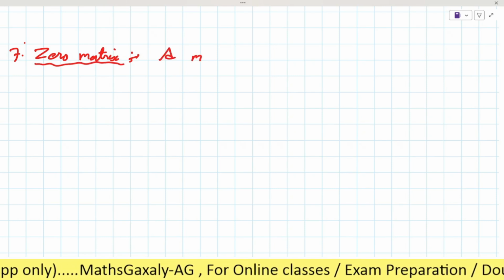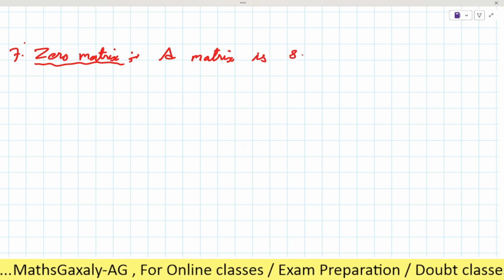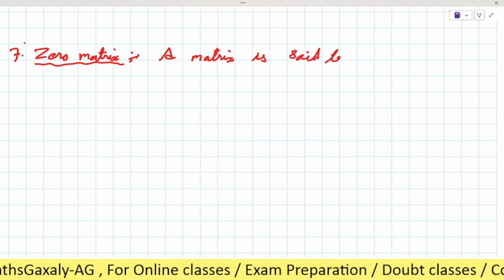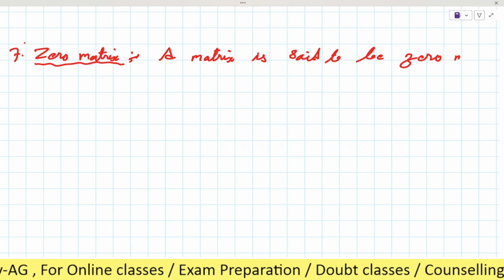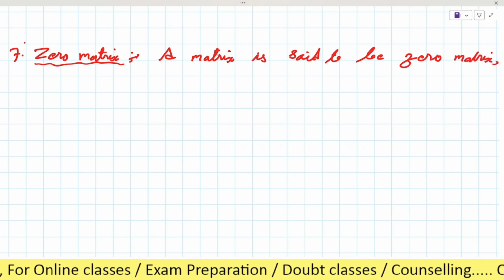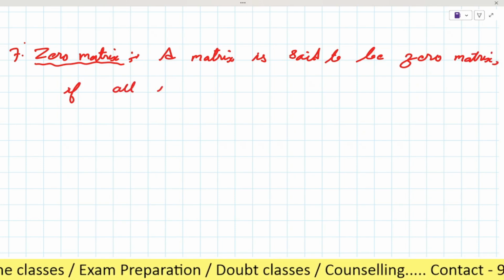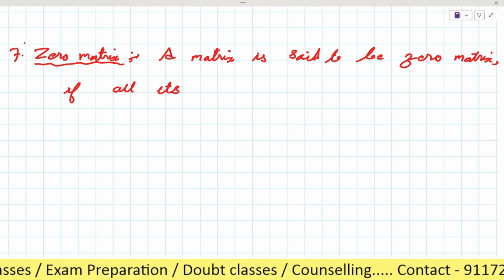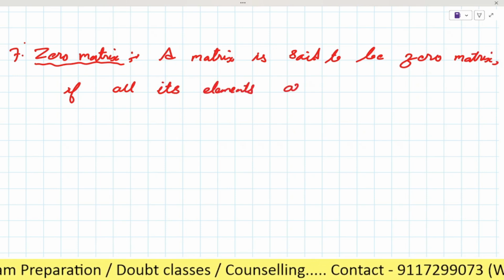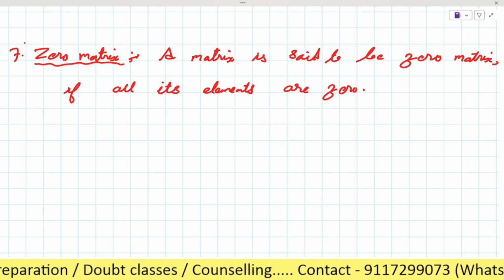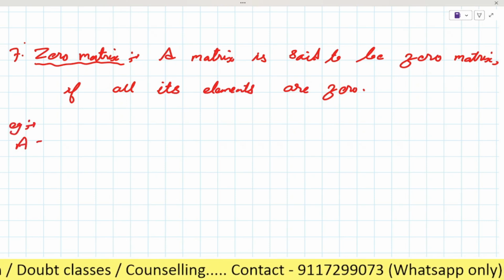A matrix is said to be a zero matrix if all its elements are 0.